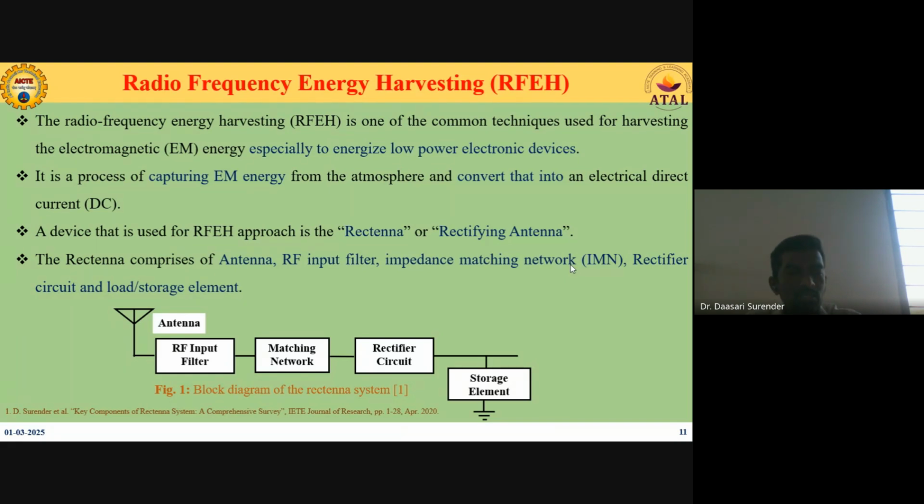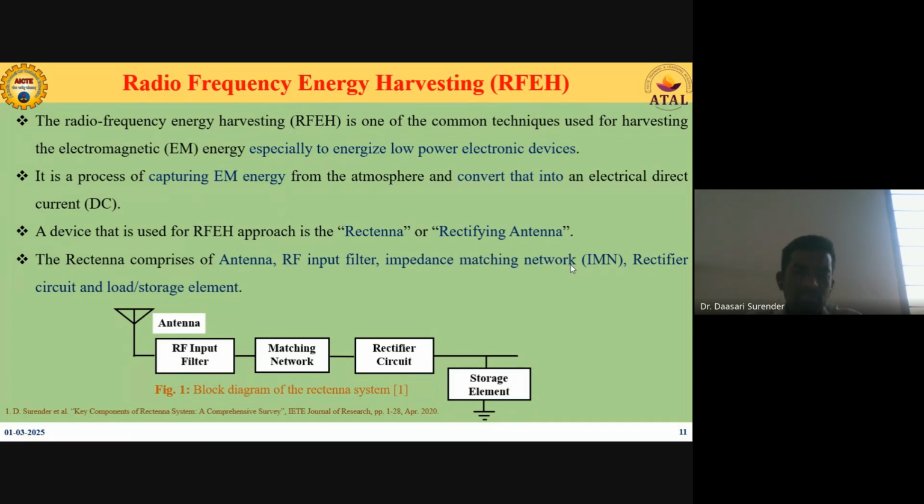Here in this RF energy harvesting approach, basically a device named the rectenna, rectifying antenna, is used. Basically, the rectenna comprises an antenna, RF input filter, impedance matching network, rectifying circuit, and storage element, the energy storage element.